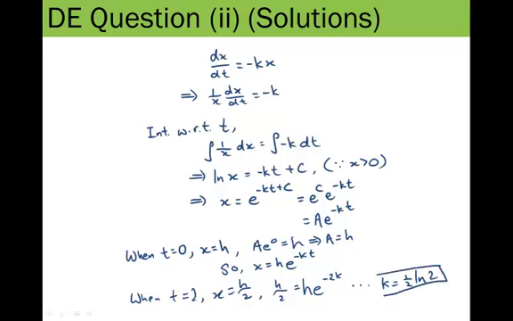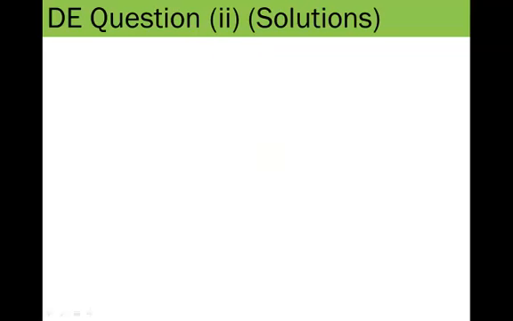So this is the arbitrary constant we found, and we also found that a is equal to h. So having found the two arbitrary constants, I can now write down the particular solution. Therefore x is equal to h e to the power of negative half ln 2 multiplied by t.